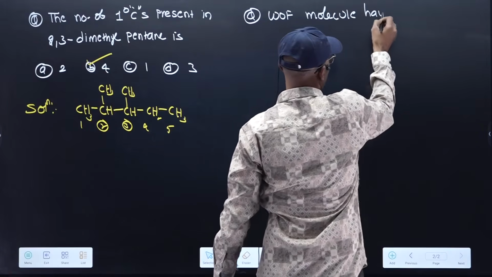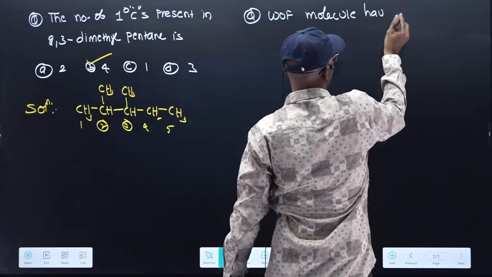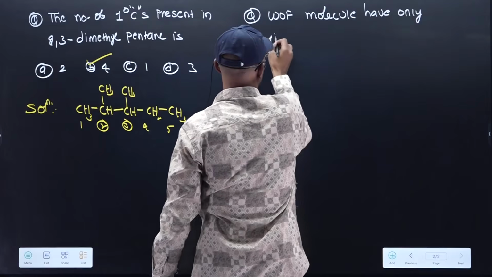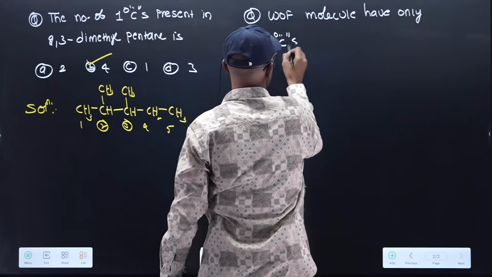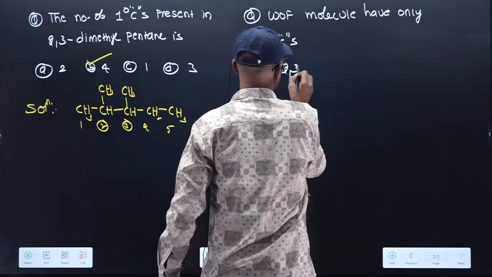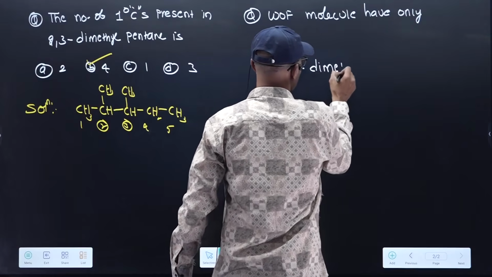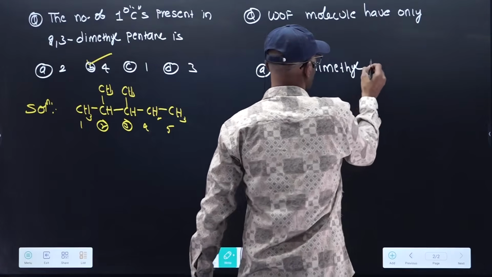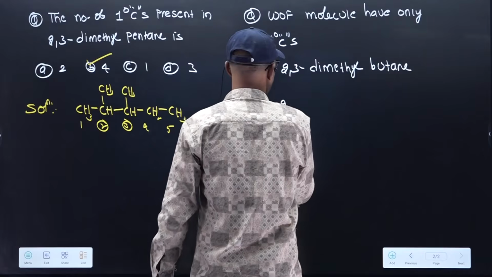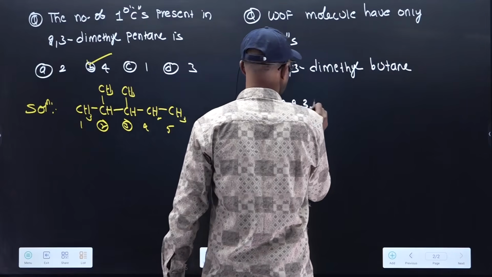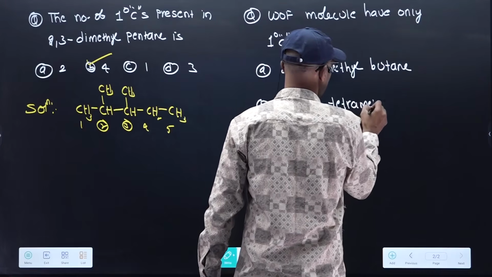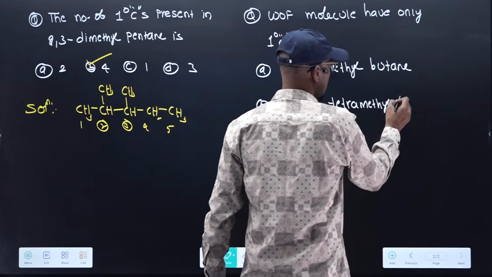Which of the following molecule have only primary carbons? 2,3 dimethyl butane. 2,2,3,3 tetramethyl butane.